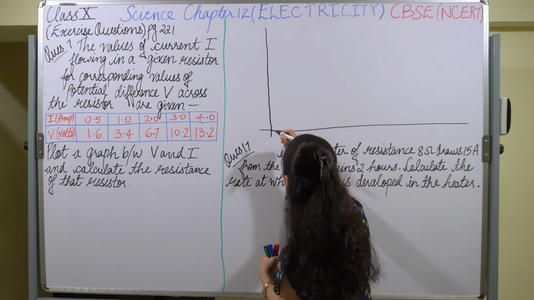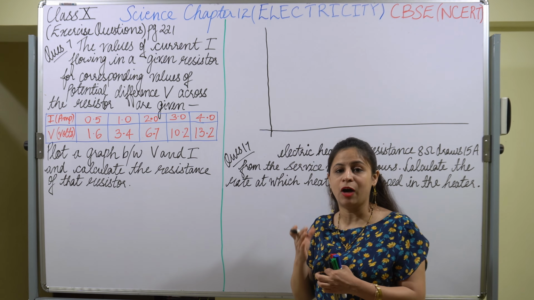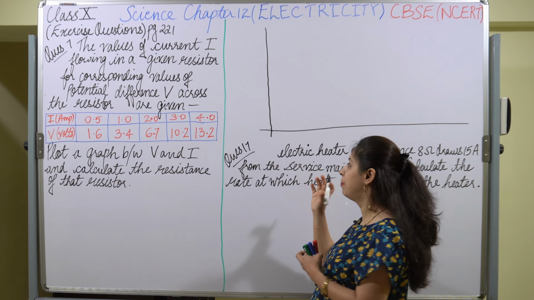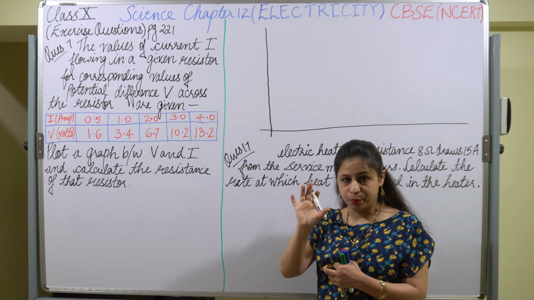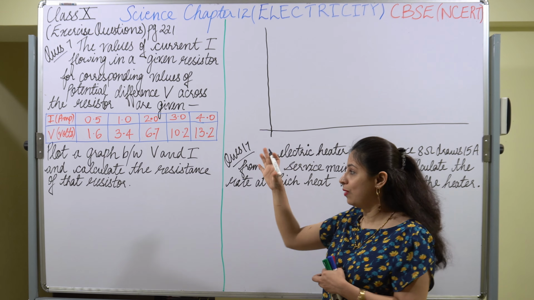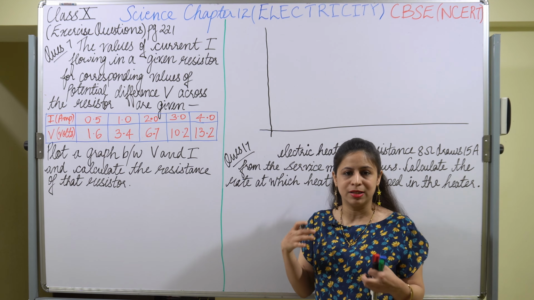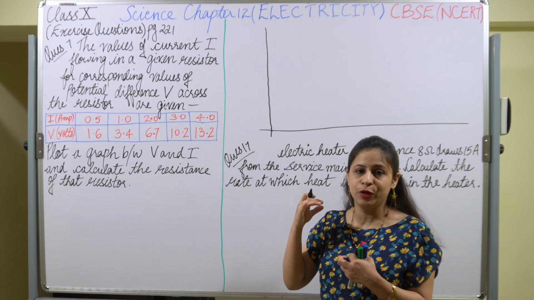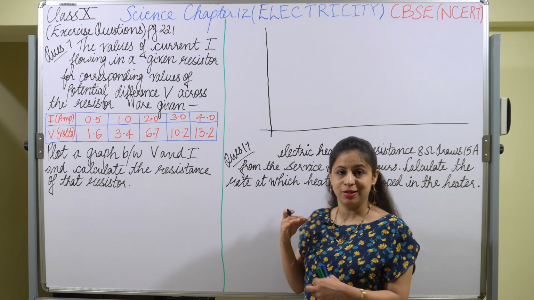Actually, the graph will come out appropriately only on graph paper. Here we can only plot and visualize how the positions of the values come out, and visualize the resistance, but the actual graph will be plotted on the graph paper itself.